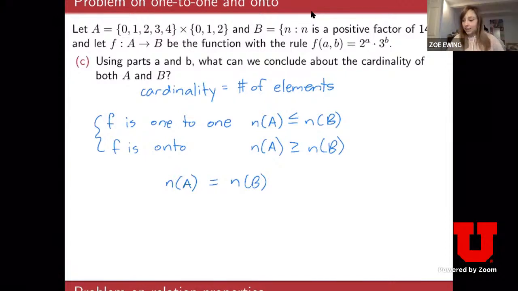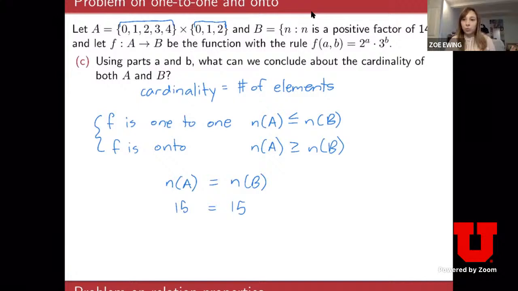Yeah, exactly. Because we have 5 elements in this set, 3 elements in the other, and we multiply them because they are a cross product. So the number of elements in A is 15. That means the number of elements in B is 15. All right, we're done with that problem.